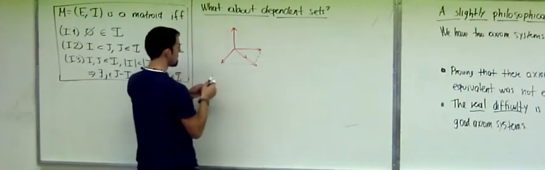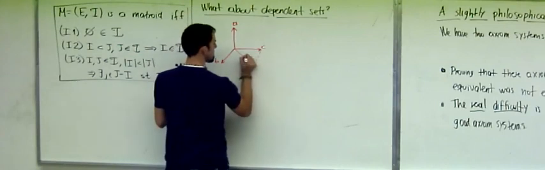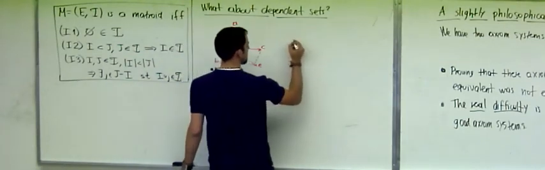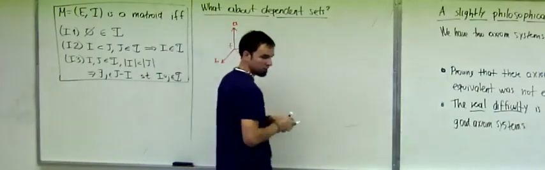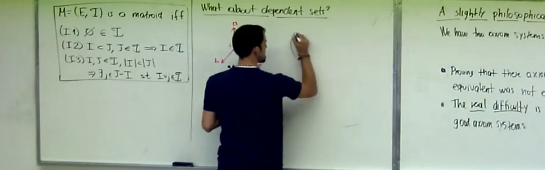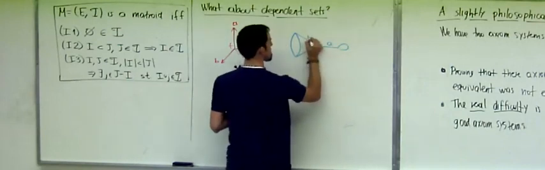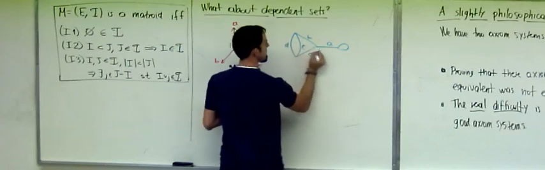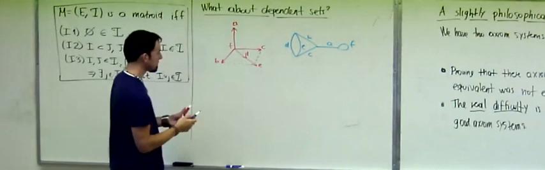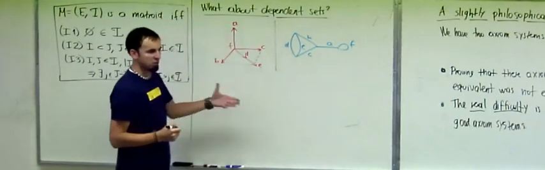where this is the vector A, B, C, D, E, F, or the graph. The graph will be blue. A, B, C, D, E, F. And we said, okay, this is a matroid, and we saw it's the same matroid, and we saw several descriptions for it.